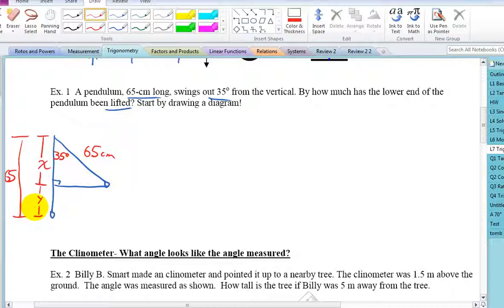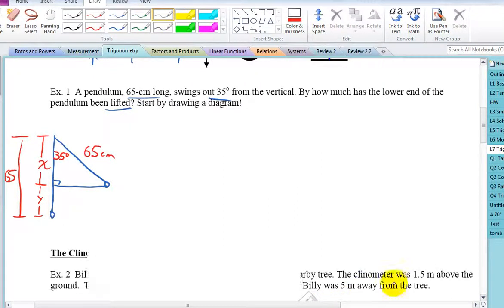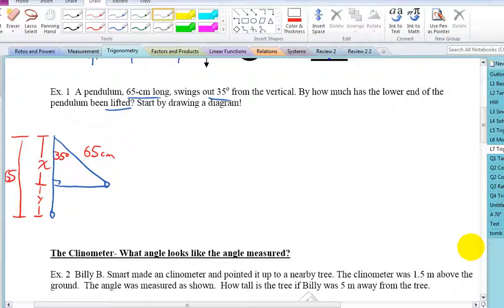Okay. So go ahead, label your HOA real quickly on your diagram to find x. So labeling your HOA, here's H, here's O, there's A. We're dealing with A and H, so it'd be cos, equals adjacent over hypotenuse.